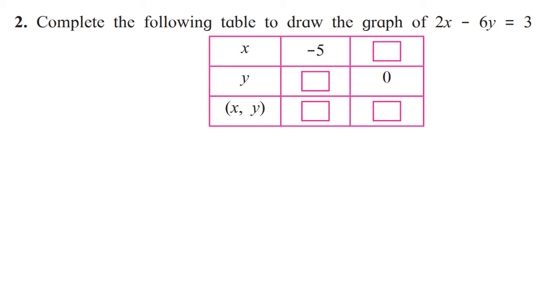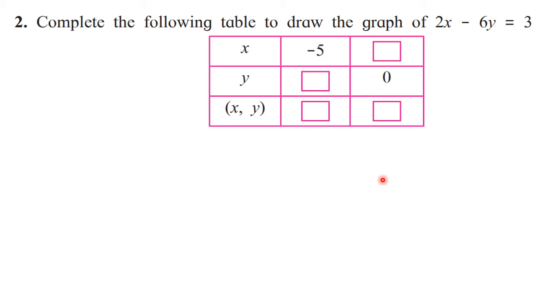Question number 2 now. Complete the following table to draw the graph of 2x minus 6y is equal to 3. So this is based on graphical method. Now, I taught you graphical method long back. If you can't recall it, you see that video again. All of you know that all the videos are available on YouTube.